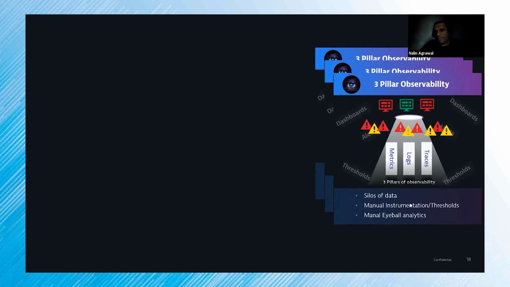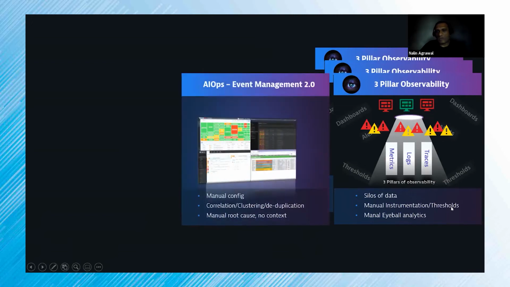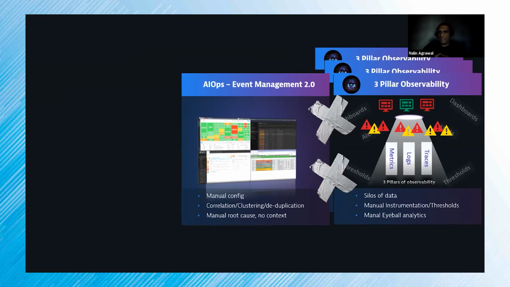But this requires a lot of manual instrumentation, and it was all about thresholding, and it requires everything in eyeball analytics. With this, they added one more layer over it, which is basically a duct tape patch, where they say, okay, I'll apply machine learning, and then over that there'll be a logic which will do AI over it and try to get something out of the problems which the system is collecting.